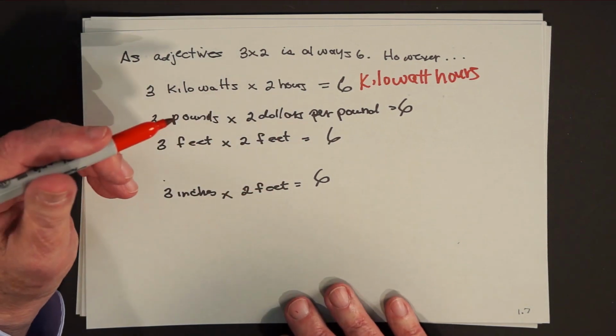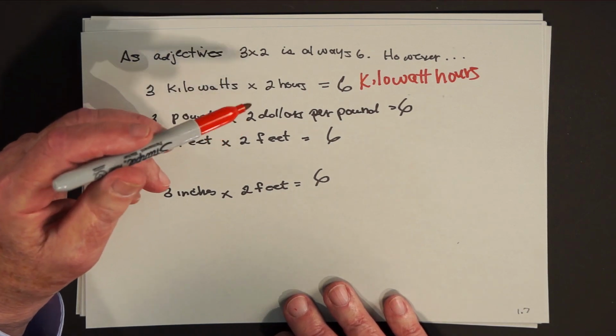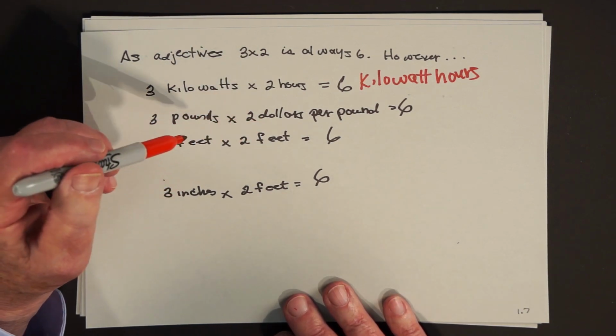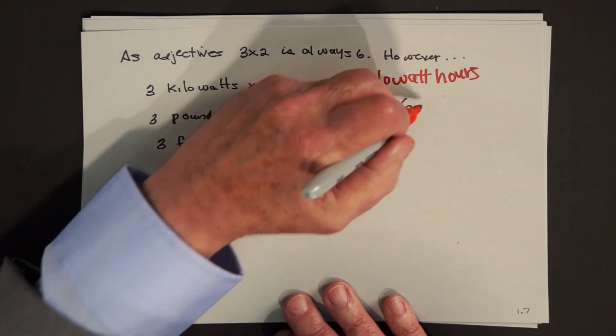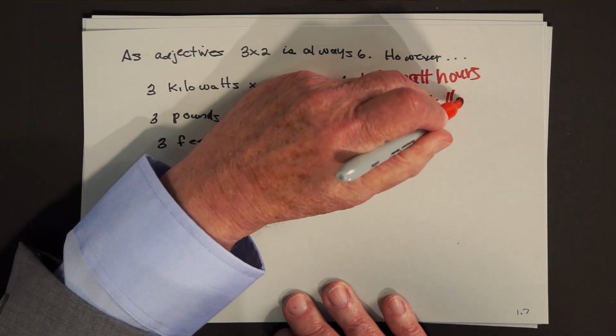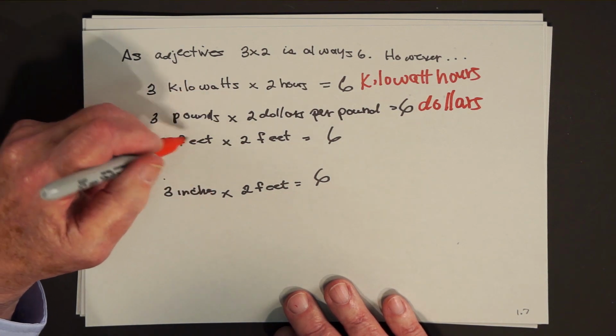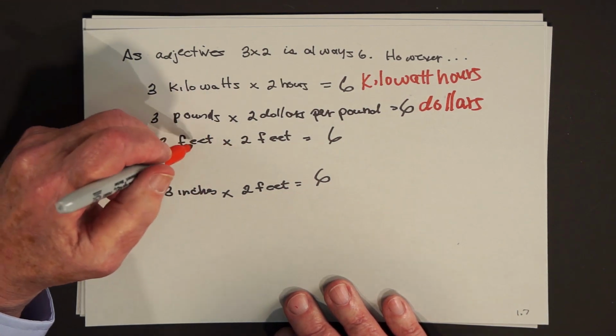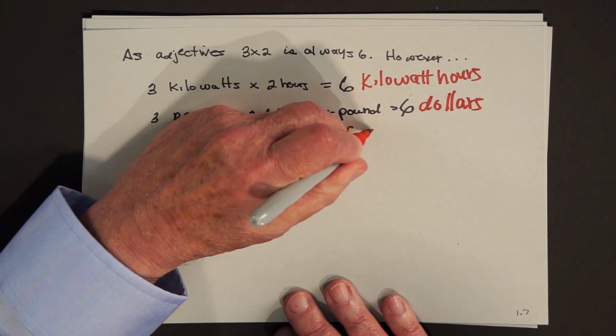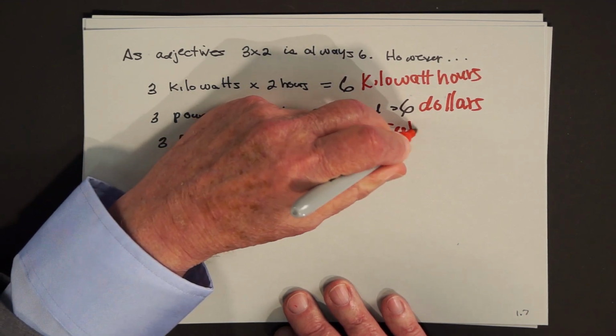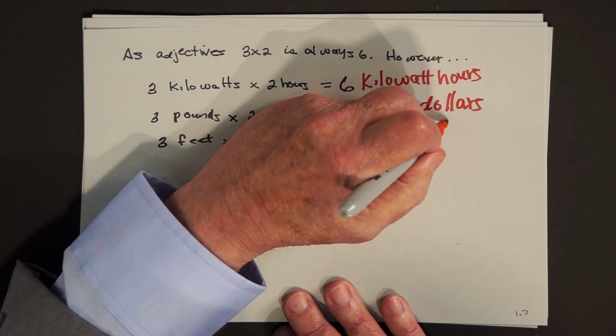That sounds like a very complicated thing. But if you know the price per pound and a number of pounds, you multiply them together, the answer will just be $6. And what's 3 feet times 2 feet? 3 times 2 gives me 6. Feet times feet gives me feet, which we often call what? Square feet.